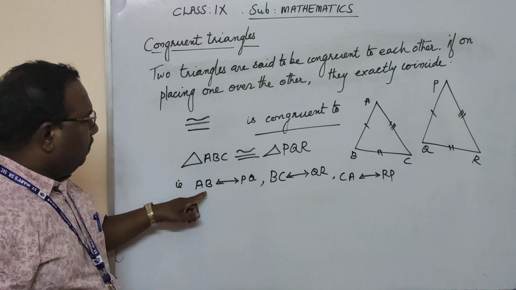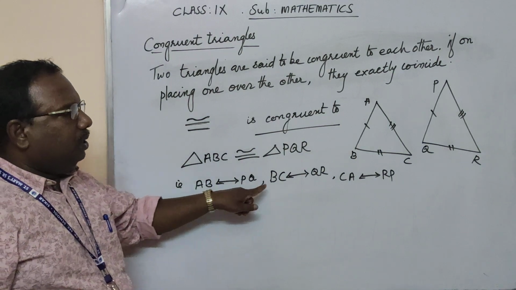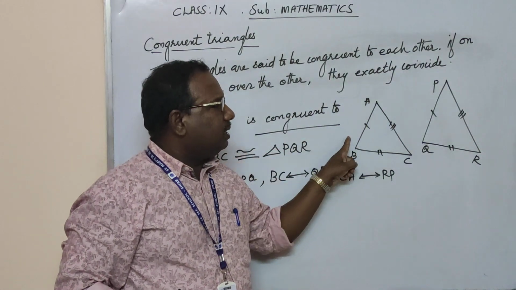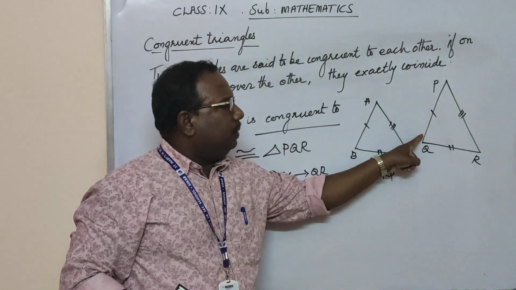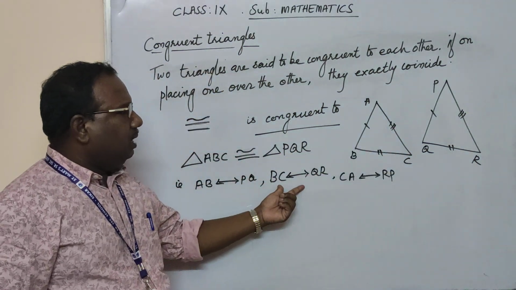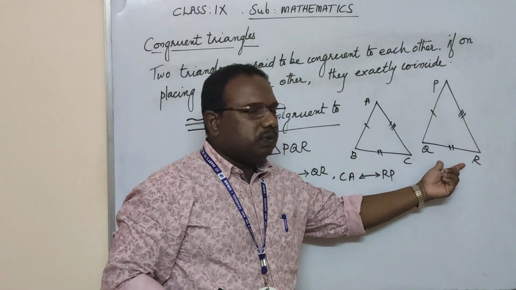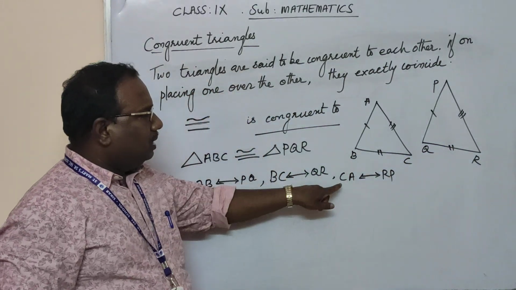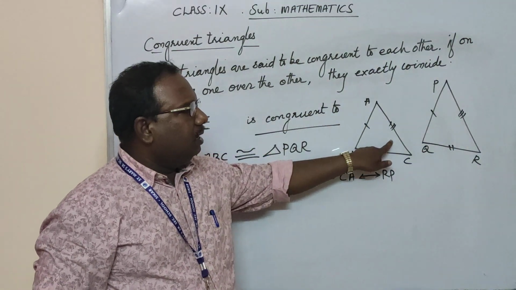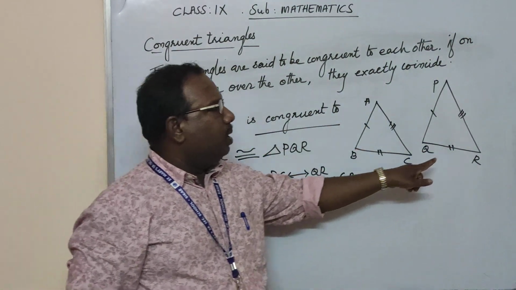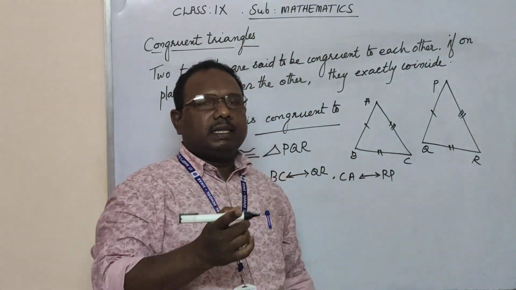So we say AB of this triangle corresponds to PQ, BC of the first triangle corresponds to QR of the second triangle, CA of the first triangle corresponds to RP of the second triangle.